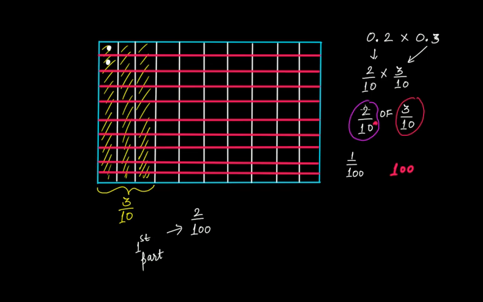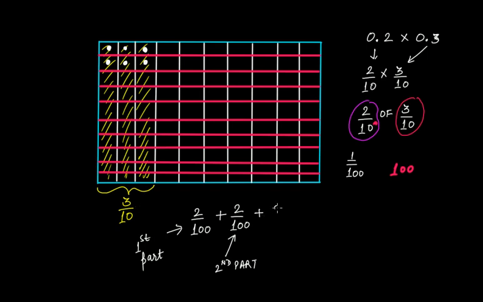Now since we have to take 2 parts from each of these 3 parts, let's take another 2 parts from the second part, this one and this one. Again we are taking 2 over 100. The fraction that these two blocks represent is 2 over 100, from the second part. Then again take this and this, because we have to take 2 from each of these shaded portions.